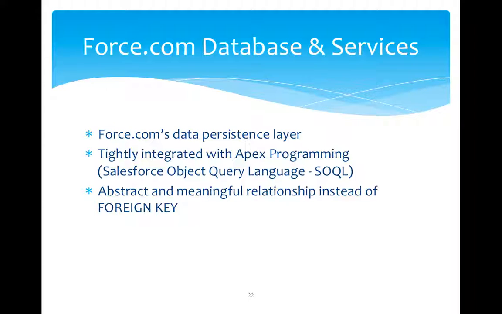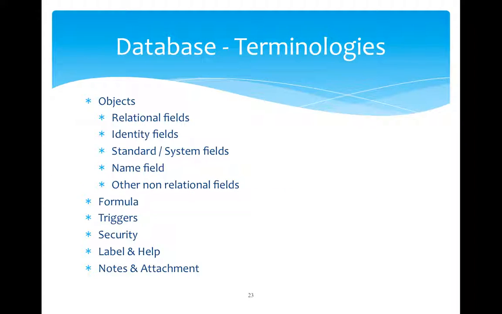But in Force.com database services, they have introduced only two abstract and meaningful relationships, which are lookup relation and master detail. We will explore these in later sessions, but let's move to the next slide and see a few more terminologies related to database.